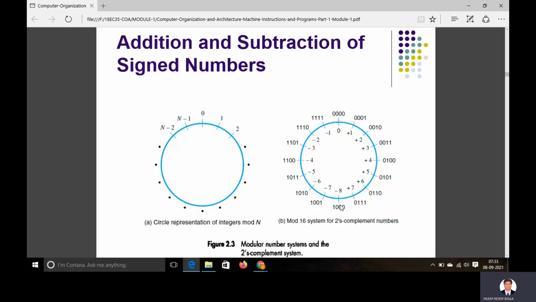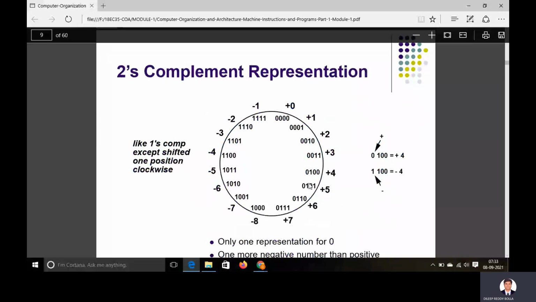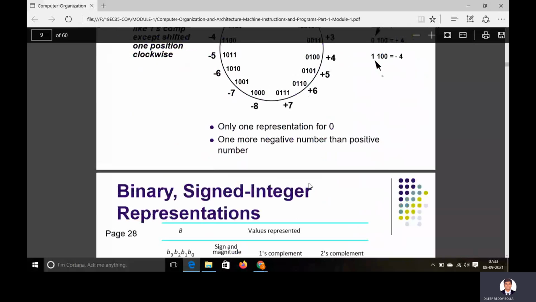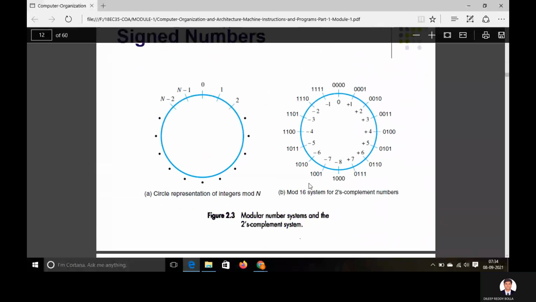Now check this 7 and minus 7, and we can spot easily that 0 triple 1 becomes 1 double 0 1, which means it's a 2's complement representation. Similarly 6 plus and minus is represented in 2's complement representation, the same as what we have seen in the previous session. Instead of representing just the number, we have represented it along with its binary number. So that's how we represented the 2's complement number here.